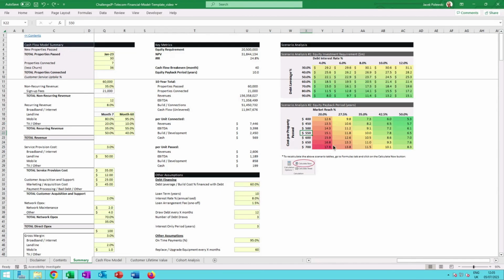That will increase because you just have to wait longer to get your money back. But then what will happen if I were to increase the market reach? You will see that the more customers, the higher the market reach is, the faster you receive your money back. Okay, so this is just an example of what you can do with the model.